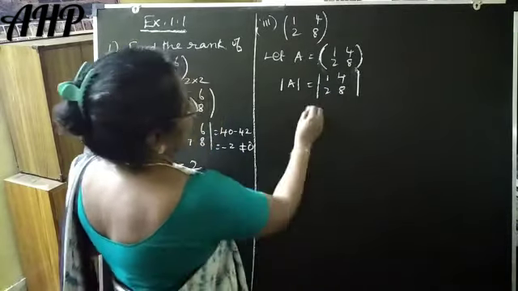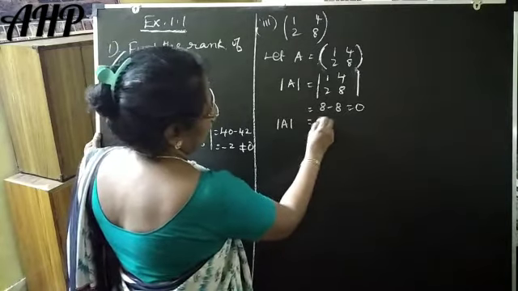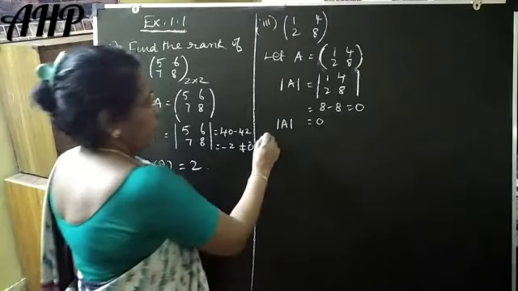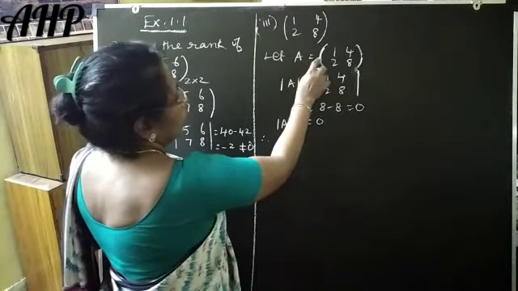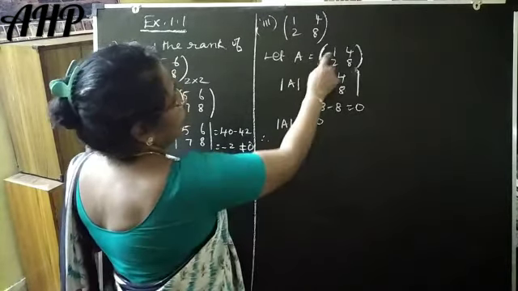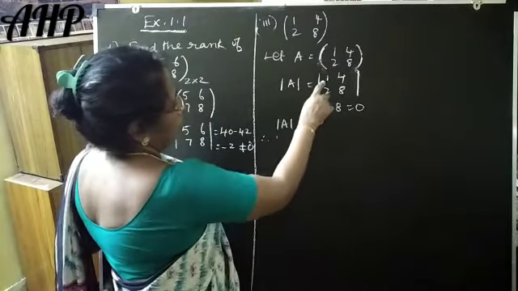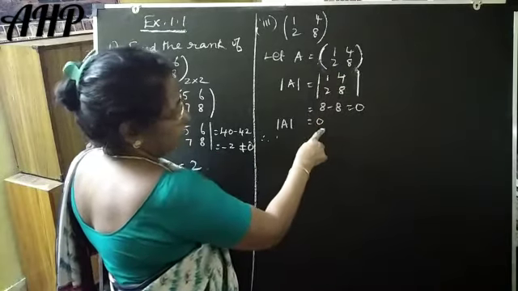So this is equal to 8 minus 8 equal to 0. So determinant A is equal to 0 implies it is singular. Therefore, we will have to check the minor of order 1, as the minor of order 2 by 2 is equal to 0.